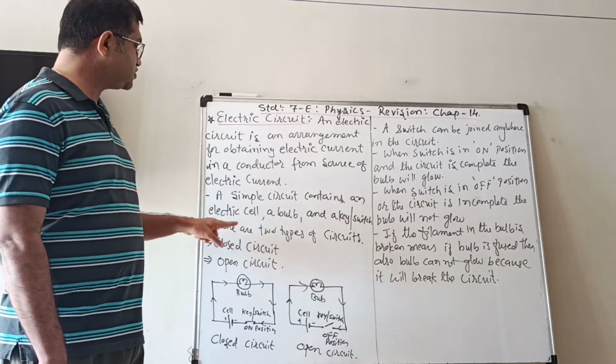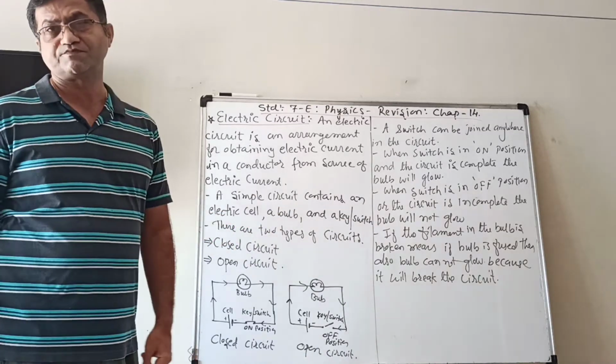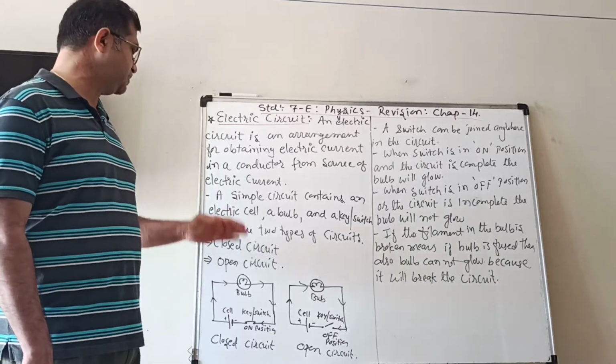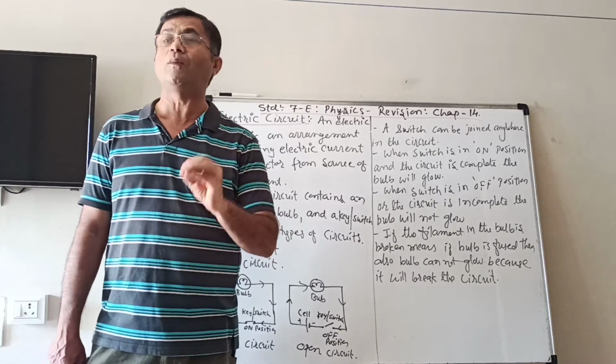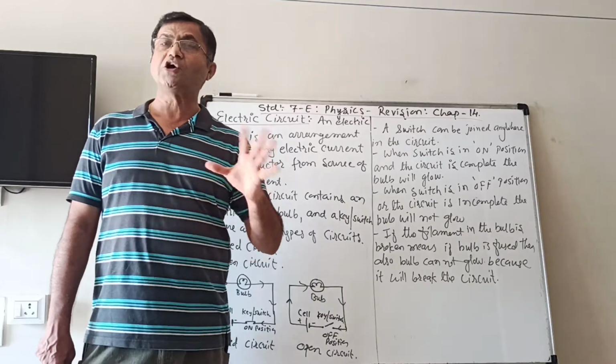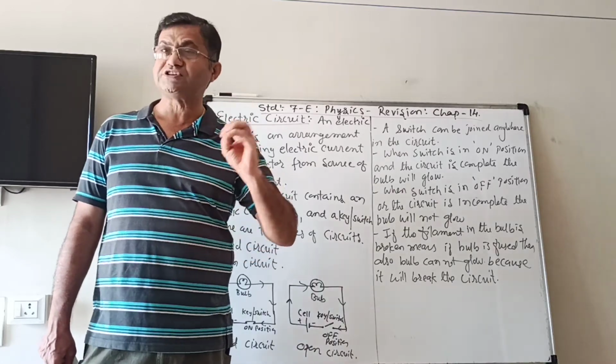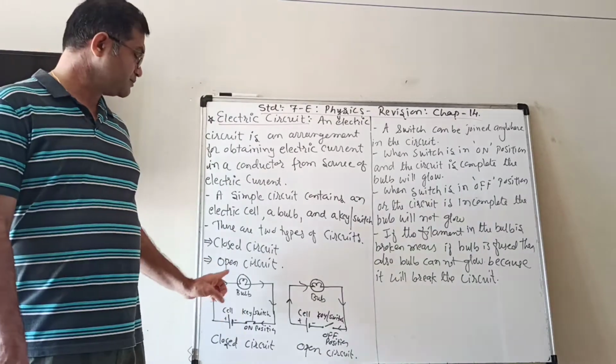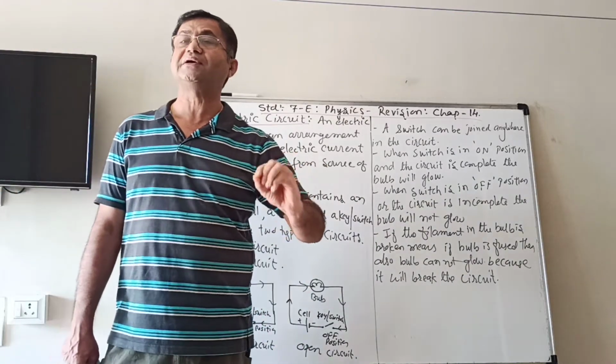So now there are two types of circuits. You already learned in the previous standard also that they are a closed circuit and an open circuit. A closed circuit means when the switch is in the on position and all the things are correctly joined.